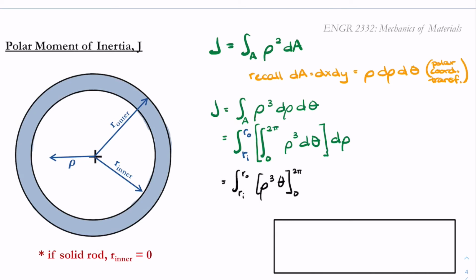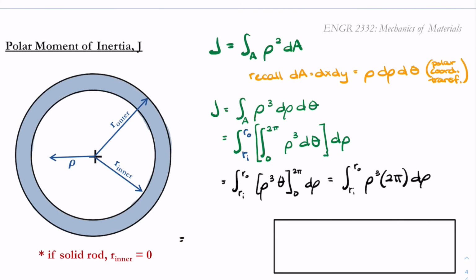So I'll put my brackets there to indicate that I'm evaluating from 0 to 2 pi, and I keep my d rho on the outside. I plug in 2 pi, and then I plug in 0, so I do 2 pi rho cubed minus 0. This is going to give me the integral from the inside radius to the outside radius of rho cubed times 2 pi d rho.